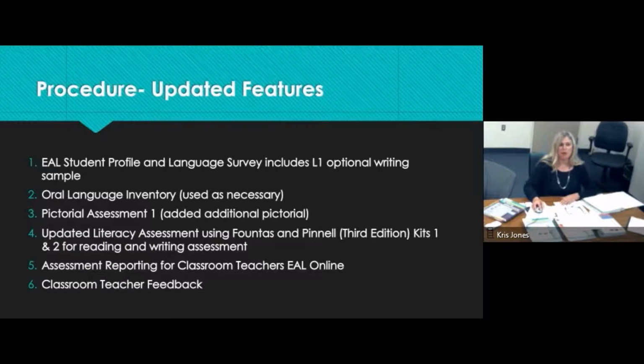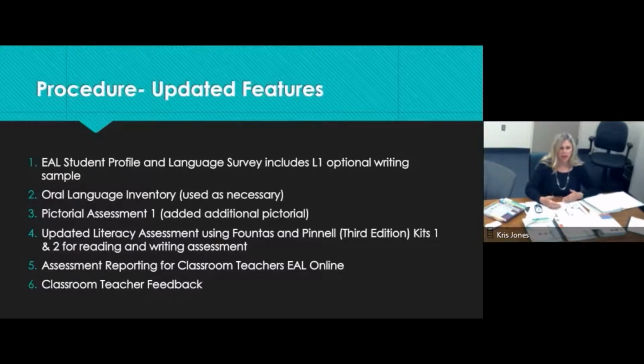The pictorial assessment 1 is where you want to focus, because this is where we're doing our original communication. So it goes back to the 2 pictures that are available to you: the one with the airport, or the new one with the students in the cafeteria. This pictorial allows you to have a discussion between yourself and the student and document that.